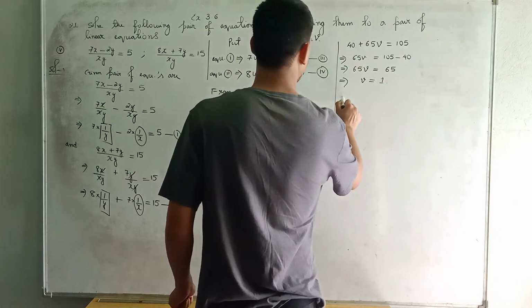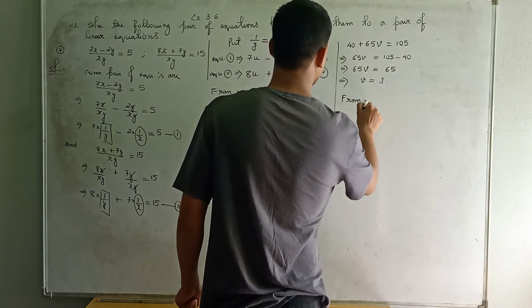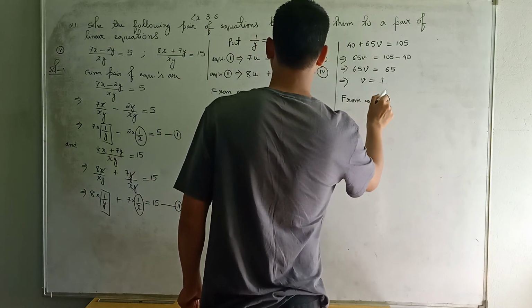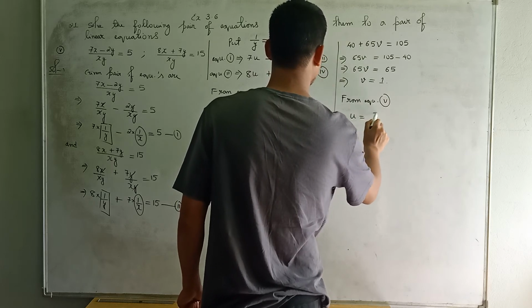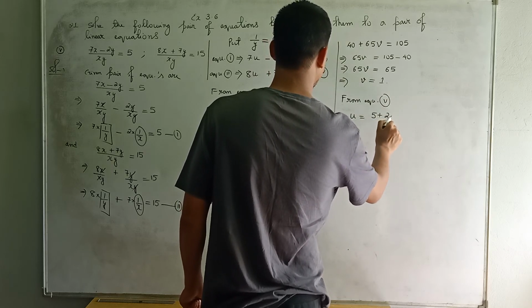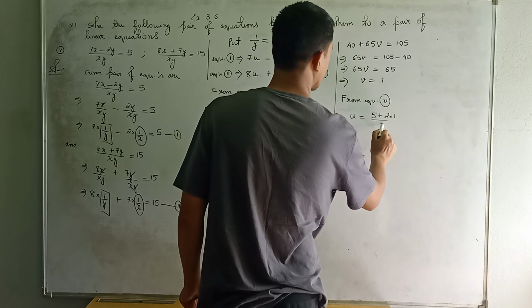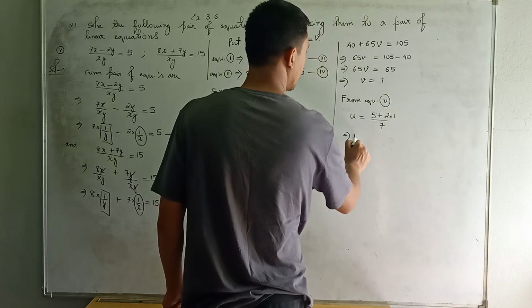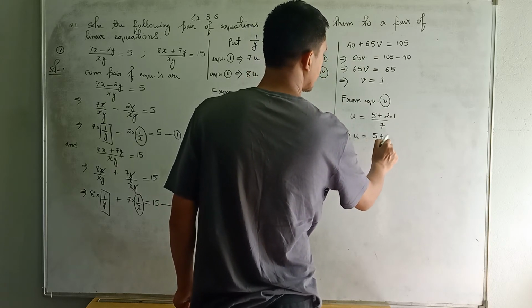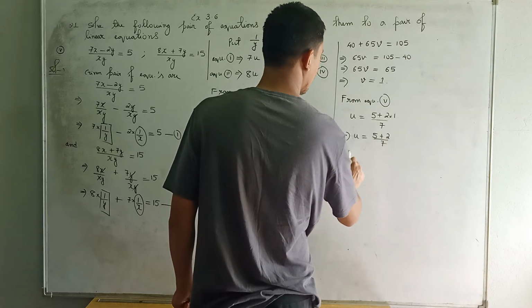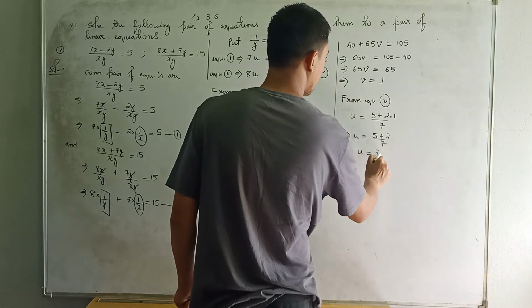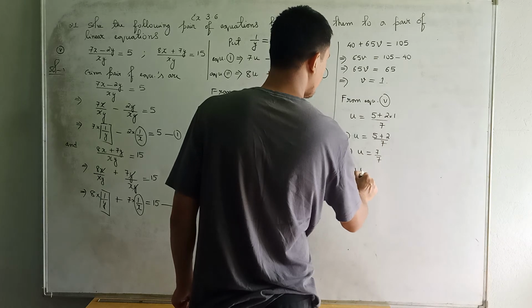So from equation 5, u equals to 5 plus 2 times v upon 7, right? u equals to 5 plus 2 upon 7. So u is equal to 7 upon 7. So u is also 1.